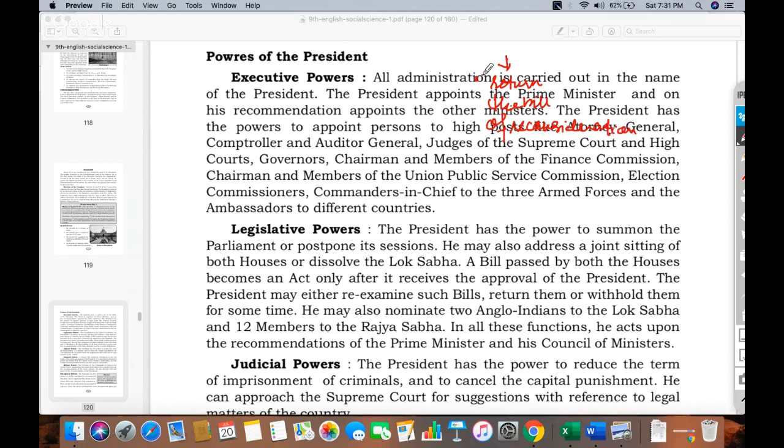But this is very dicey, because if the president returns the bill for reconsideration, then it has again to be passed by Lok Sabha and Rajya Sabha, and they may change some policies, may not change some policies. If Lok Sabha and Rajya Sabha pass it and send it back, the president has to sign it.